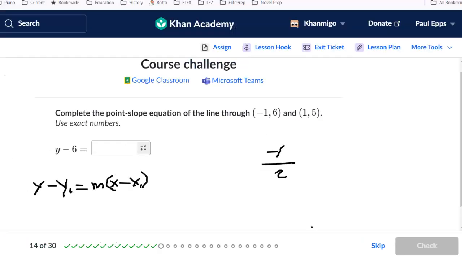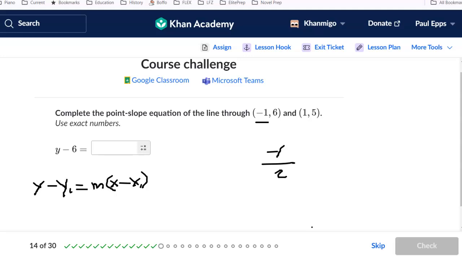So the answer is going to be y minus 6 equals negative 1/2 x plus 1. Why do I say it's x plus 1? Because it's x minus x1, and the x1 is right here. So x minus negative 1 is x plus 1.